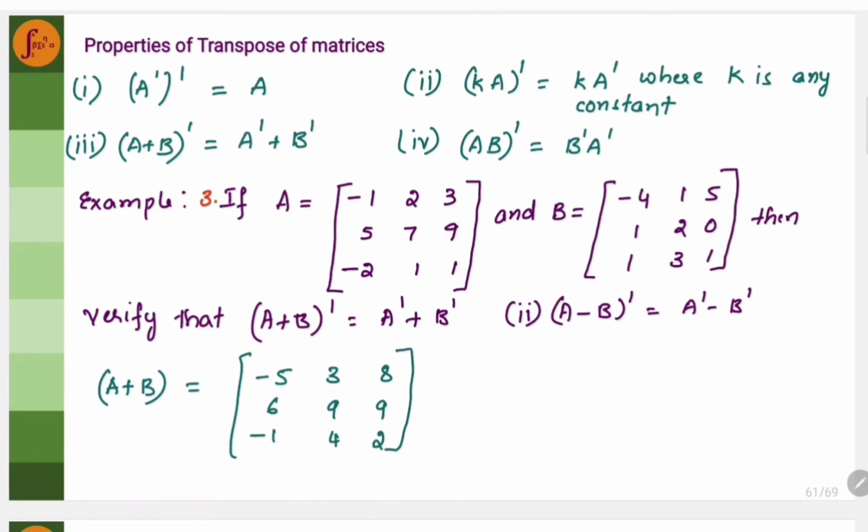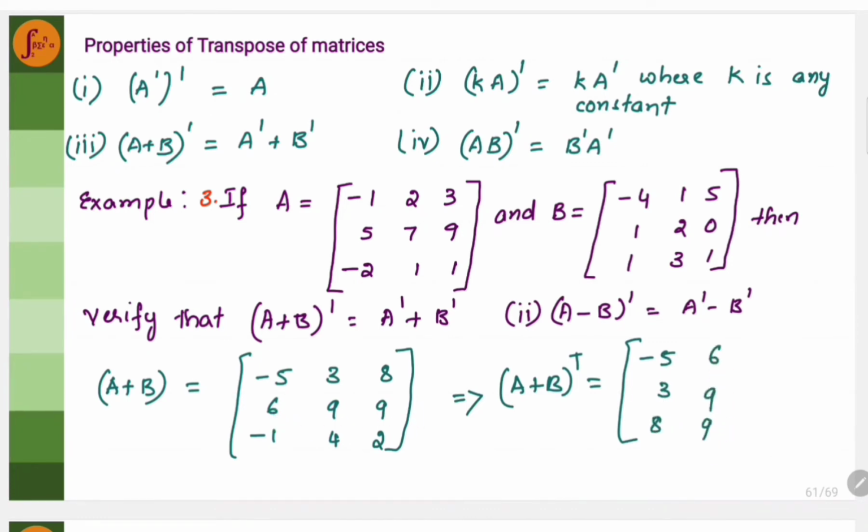Now let's take the transpose of this. Just interchange. Let's take the first row and represent it as a column: minus 5, 3, 8. The second row, 6, 9, 9, I'll make it a column.